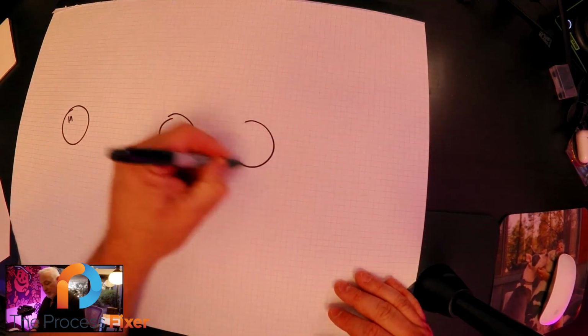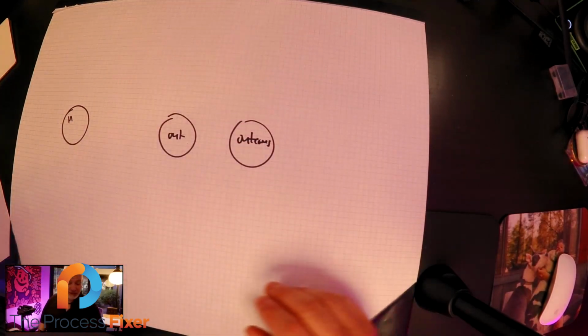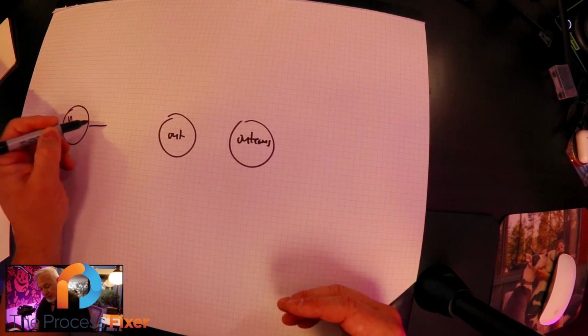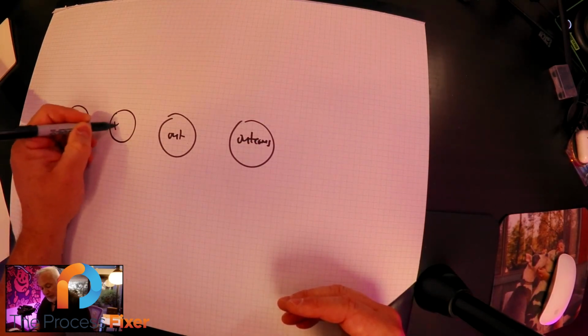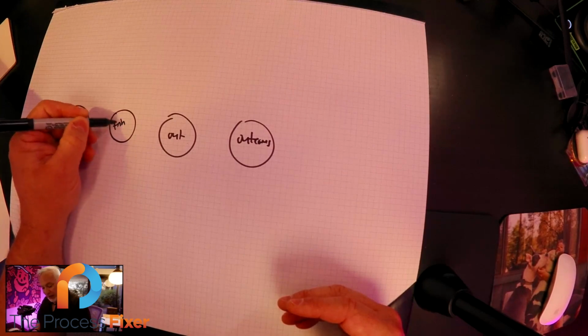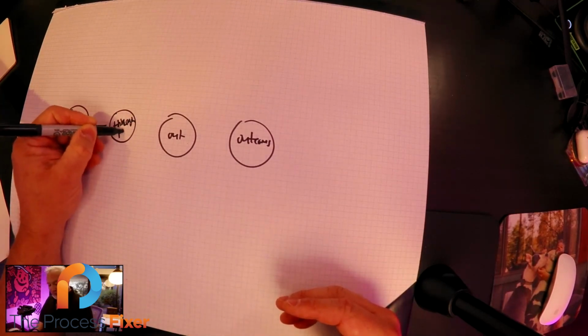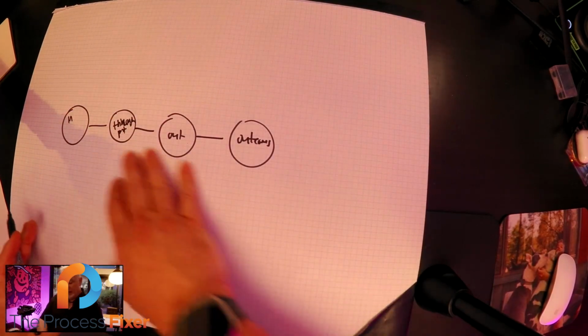We have outcomes. This is what we hope the customer gets from the thing that we do. And then in the middle here, we have throughput. I'm going to put it as a circle, but in a lot of senses, it really is like a bottleneck. This is the throughput of our business. And things flow in, they flow out, and they flow through.